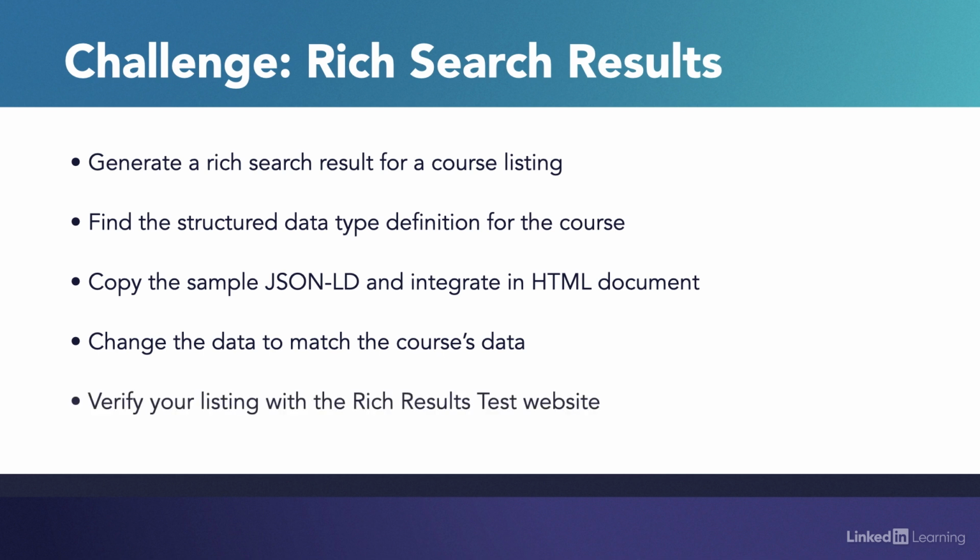And then finally, you're going to want to verify your listing with the rich results test website. So make sure you run it through that website so that you have what you are expecting. I will go through my answer with you in the next video. Good luck figuring out how to get a course in the rich search result format.